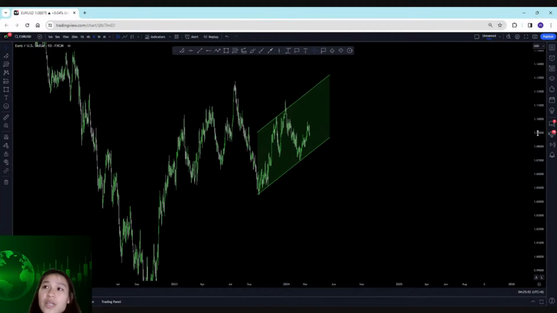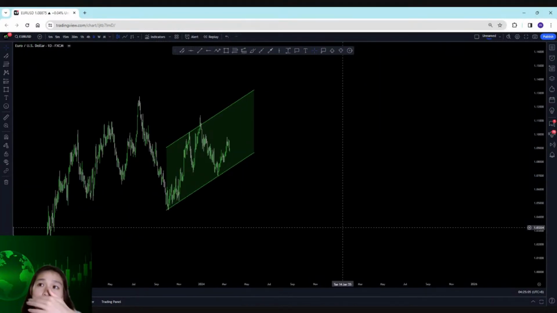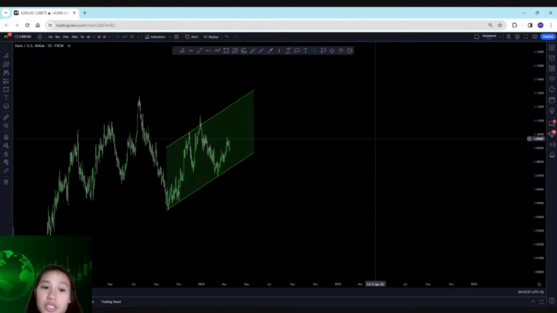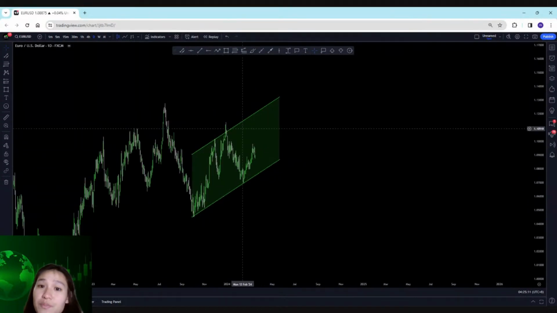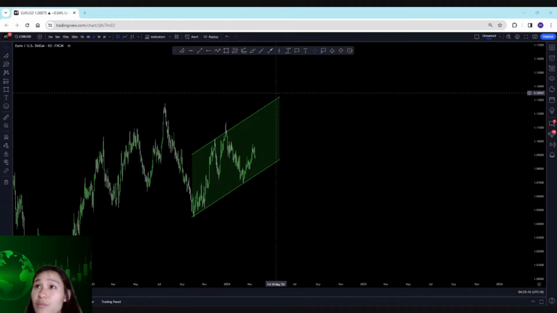Okay, so we have an ascending trend channel here. So basically what makes a valid trend channel is if there are at least two touches on top and two touches below. Okay, so you can see price is moving within this trend channel now.